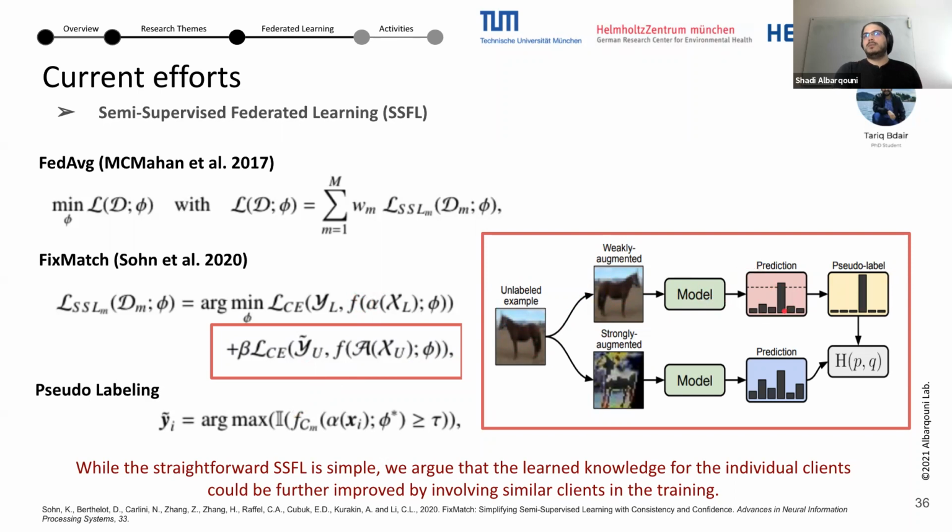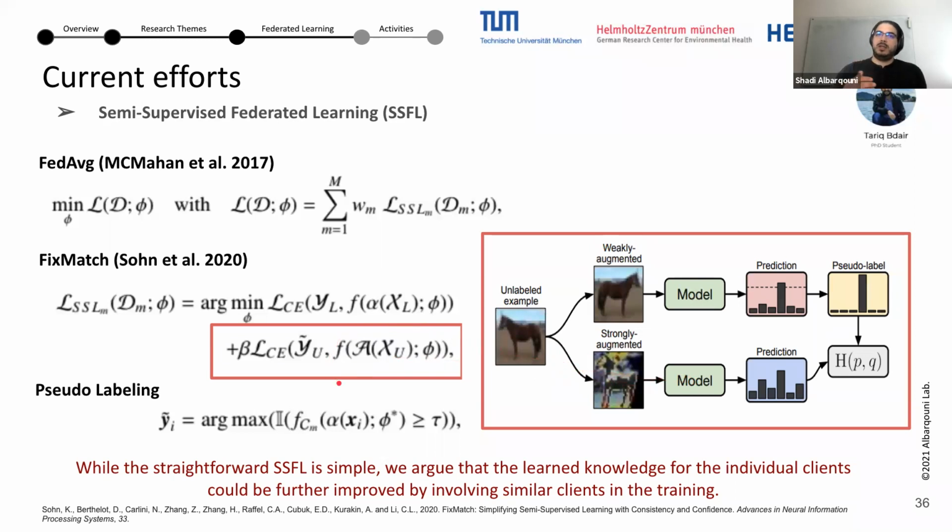Then you get the prediction, then threshold it to get the pseudo label. And this is how the pseudo label generation works. And you try to minimize the cross entropy between the pseudo label and the prediction of a strongly augmented version of this unlabeled data, as you can see here.